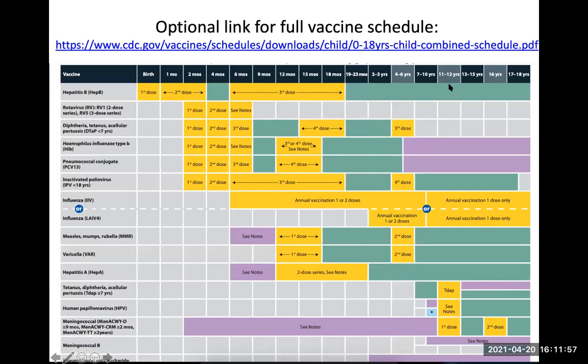Okay, so you do not need to memorize this. I just wanted to show you the recommended vaccines and at what age. I couldn't even fit all of it on one screenshot. So if you're interested, here's a link, and you can see from birth all the way through 18 years.